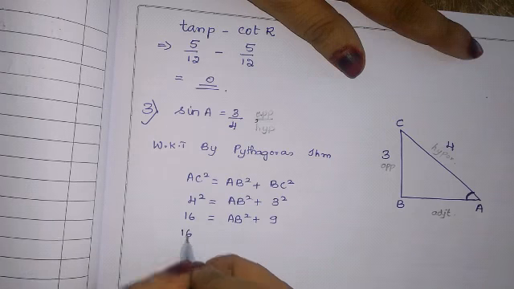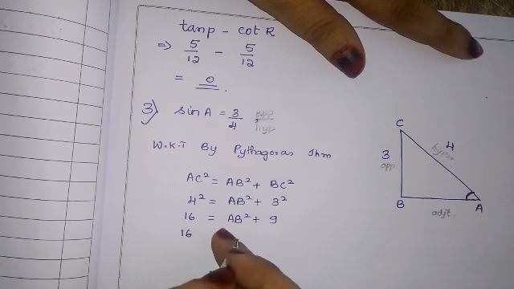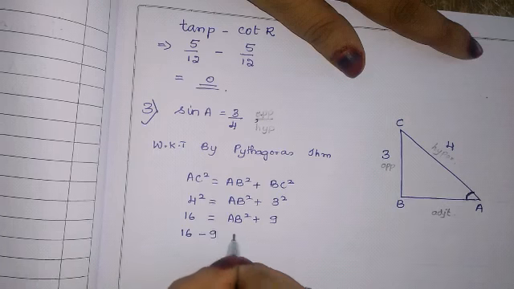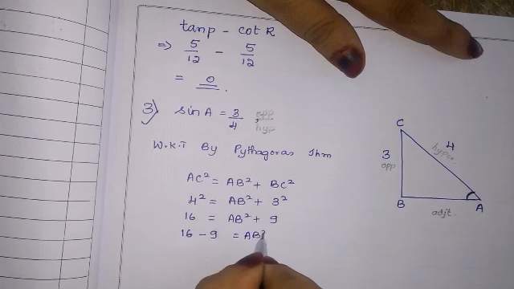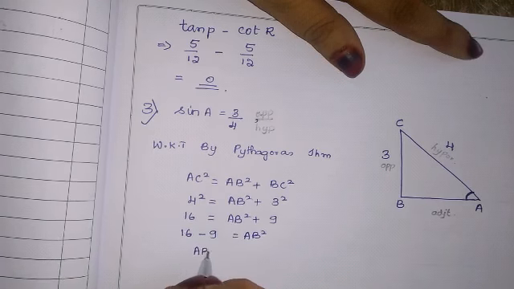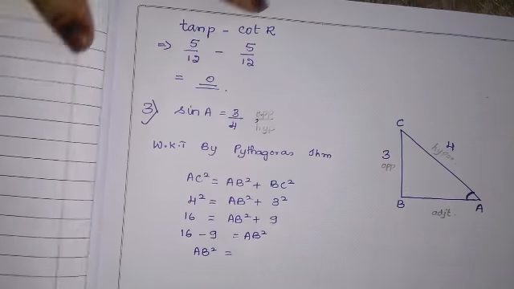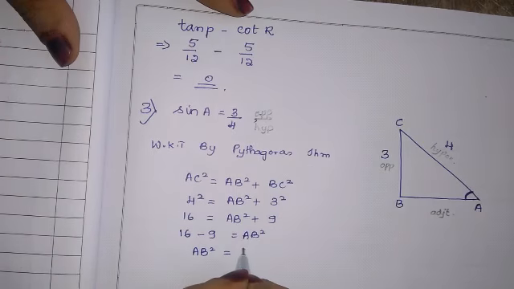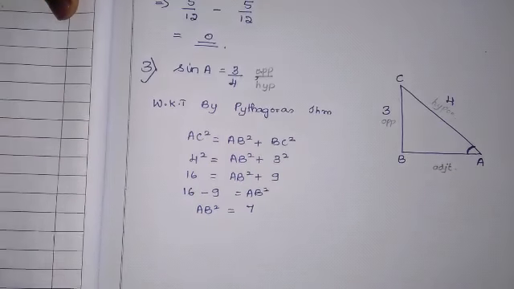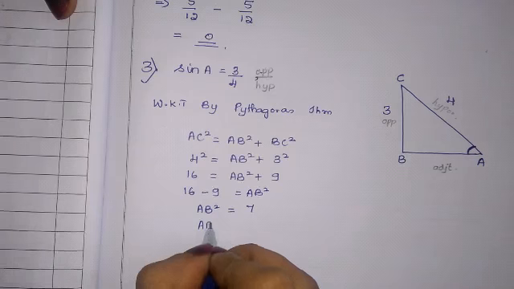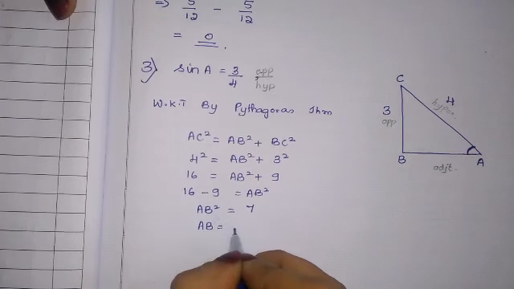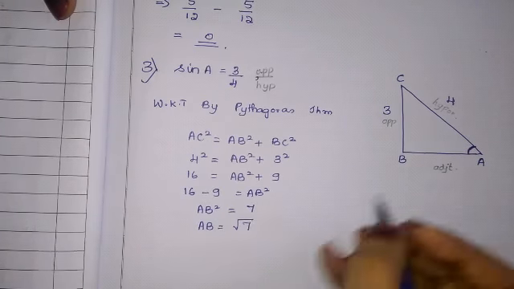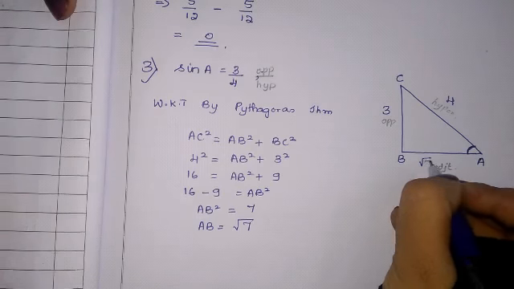Now 16 stays here, 9 I'll bring to this side, it becomes minus 9 equals AB square. AB square is equal to 16 minus 9, which is 7. The square becomes root if we take it to that side. So we got AB as root 7.